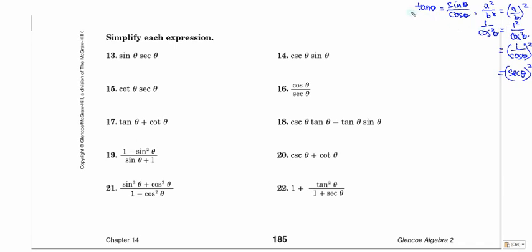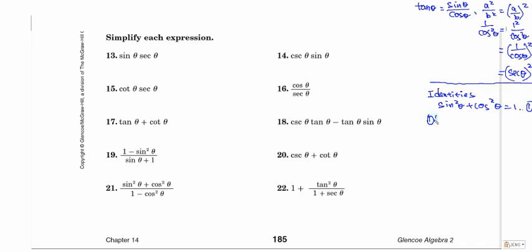Okay, now another one that we have to use would be the identity, that is sine square theta plus cosine square theta equal to 1. Let's say this is number 1.